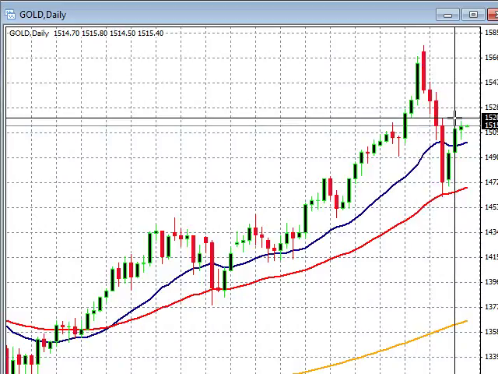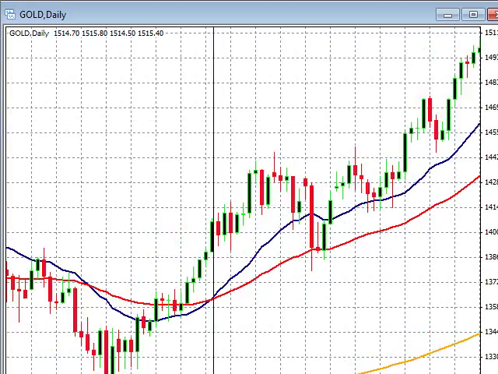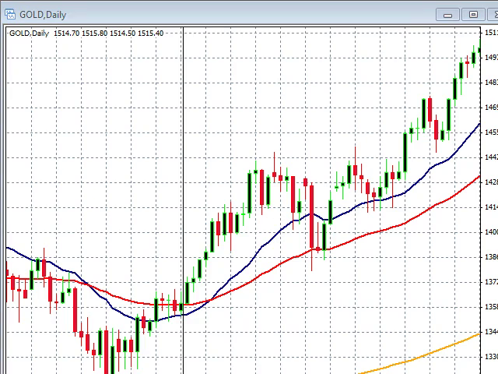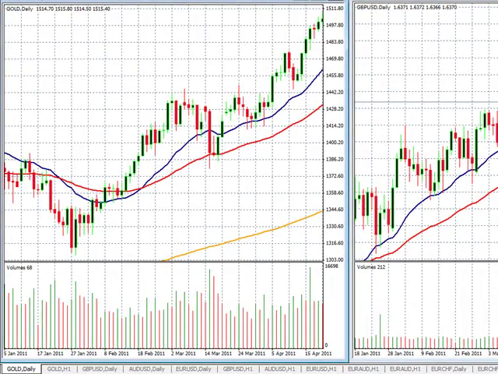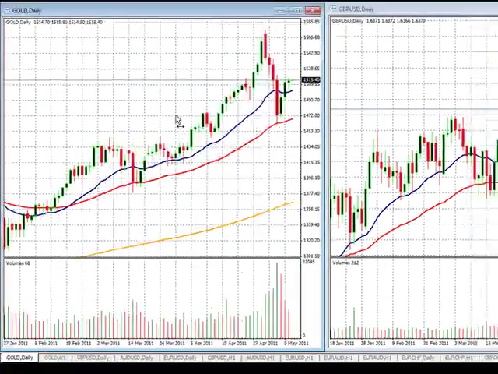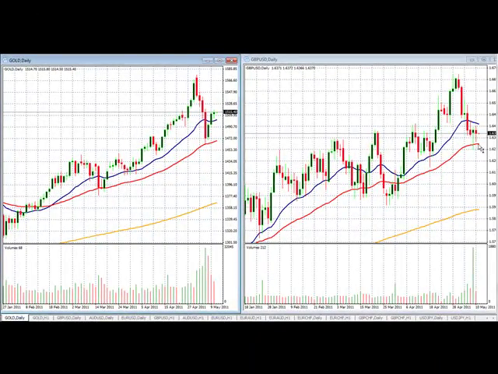Gold above 1520, 1521. Now, when we compare gold with our other currency pairs, we have the pound dollar. Let's drag it back over. There we go. And we can see that the pound dollar is not as strong, a little bit weak, but it's hanging out here between the 20 and the 50.